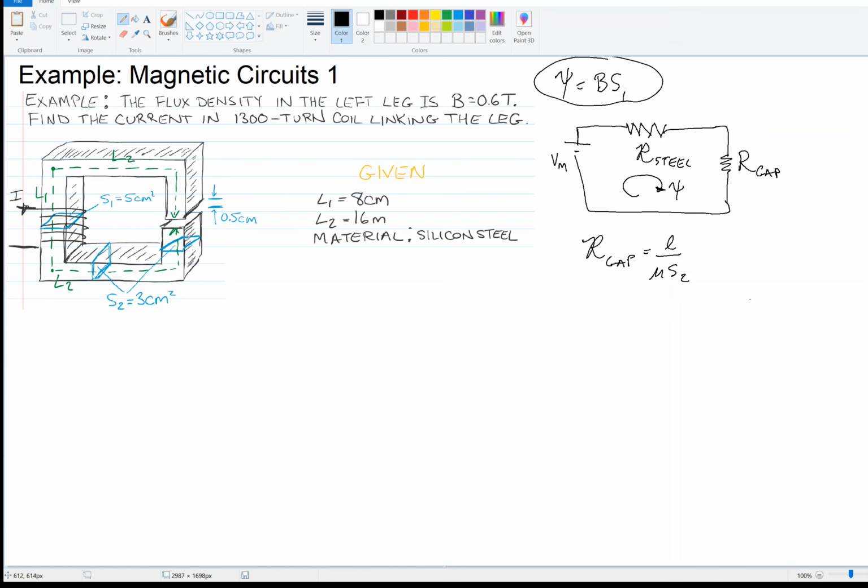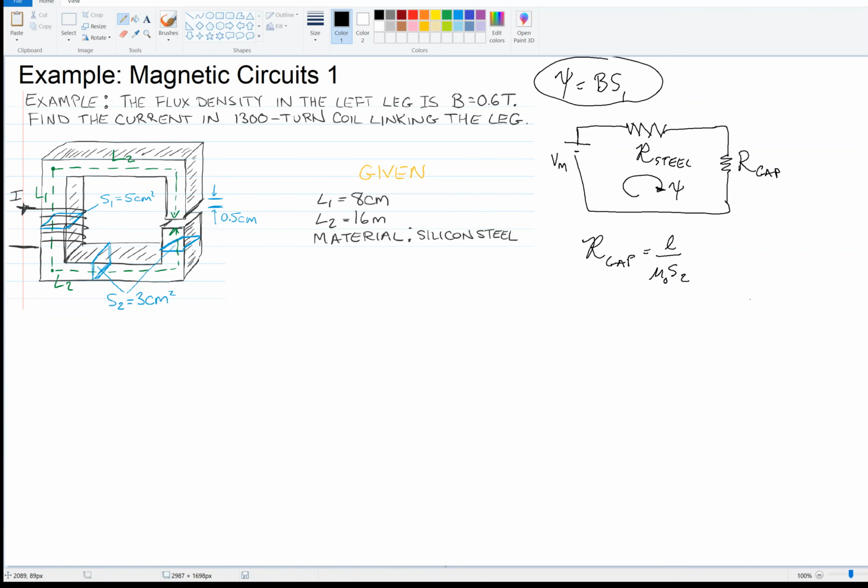S2 is the cross-sectional area of the gap, which is 3 square centimeters. So the reluctance of the gap is given by this thing here. This should be mu 0. We have all of that, and we can calculate it. We can calculate the flux as well.